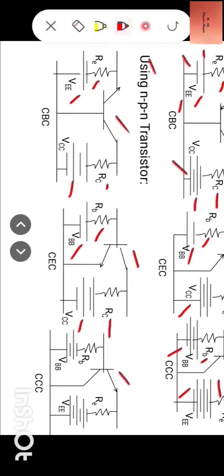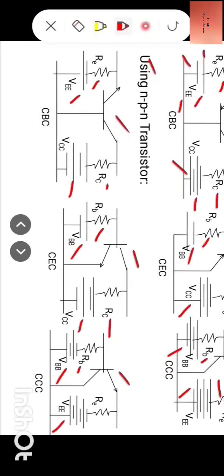Now this is common collector configuration of the transistor, where VBB is the reverse bias applied through resistance RB between base and collector, and VEE is the forward bias applied through resistance RE between base and emitter.